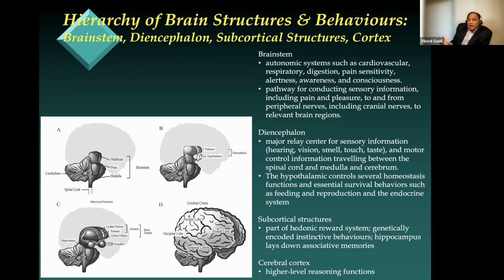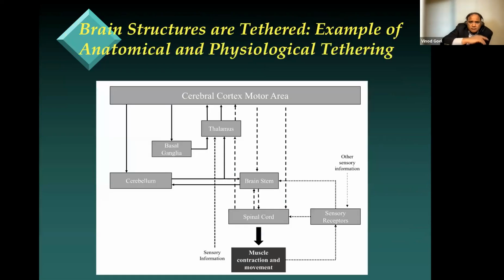Now, of course, many non-human animals have cerebral cortex, but not higher level reasoning functions. And there is a story, we don't fully understand the story, about what is different about our cerebral cortex. So here I'm saying that certain functions are associated with certain brain structures, which appear at different times in the phylogenetic tree, okay?